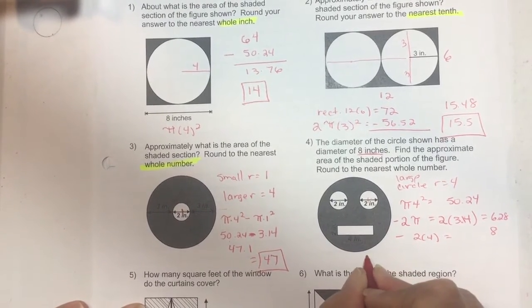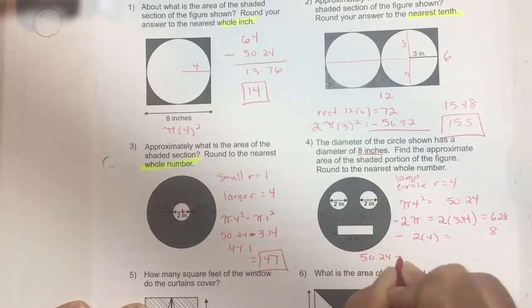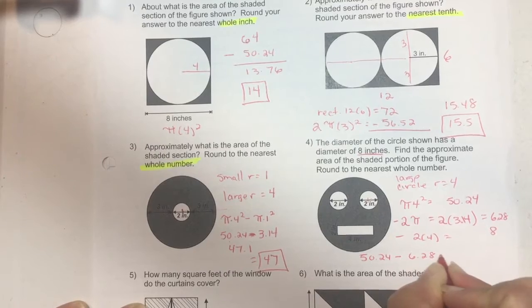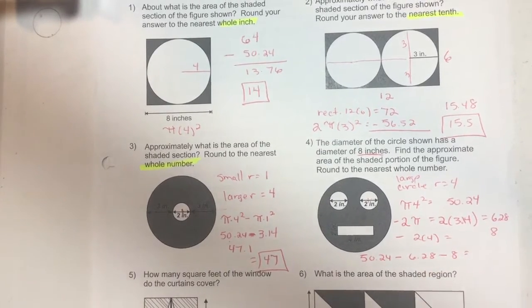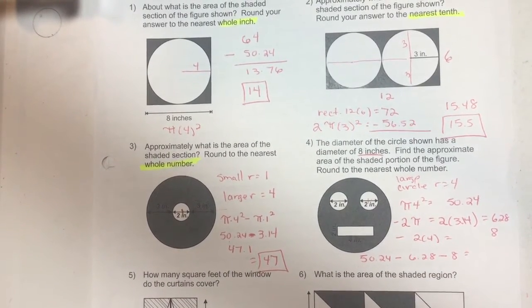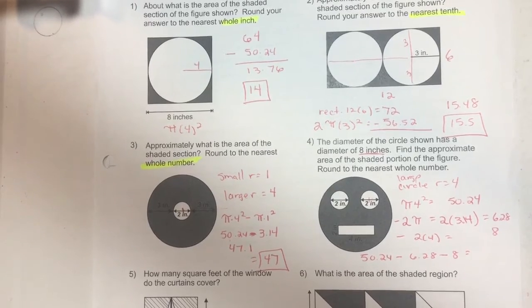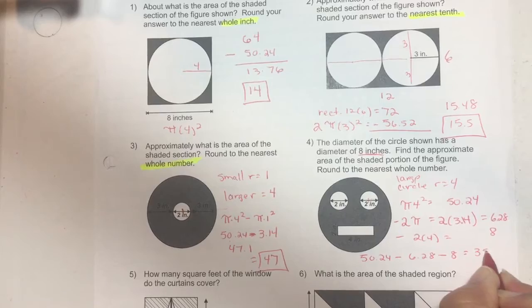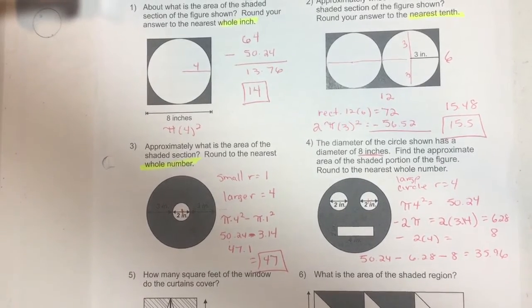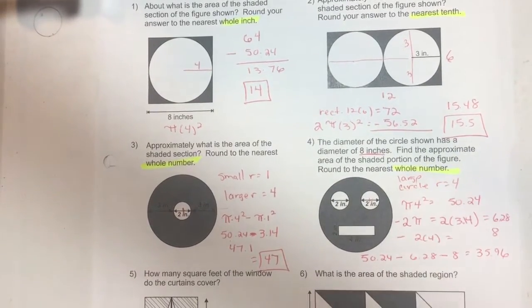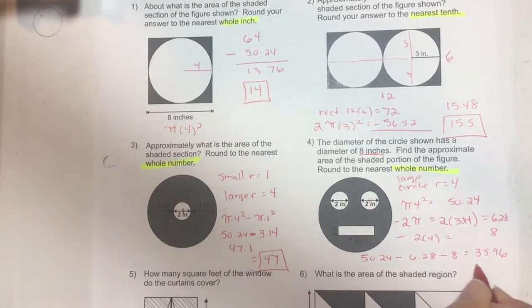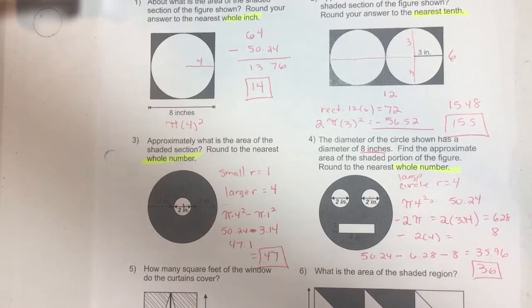So you're going to take the large circle minus the 2 small circles minus the rectangle. And I got 35.96. Rounding to the whole number, the answer is 36.